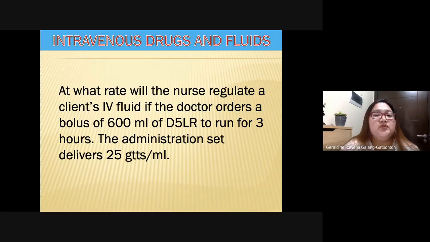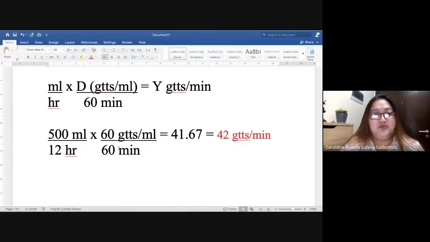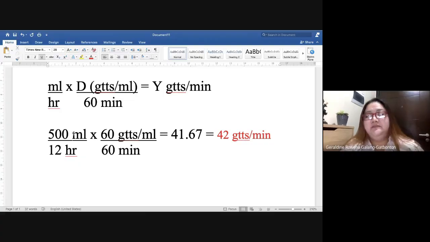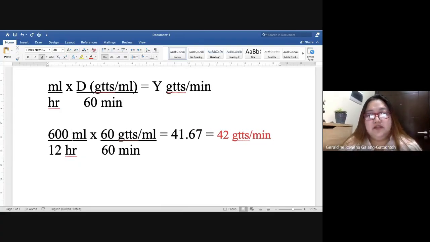siya. So, ano yung ating ml? 600. Ano yung ating hour? 3 hours. Ano yung ating drop factor? 25. Divided by 60 minutes. So, I'll use this again. Our ml is 600. Our hour is 3.